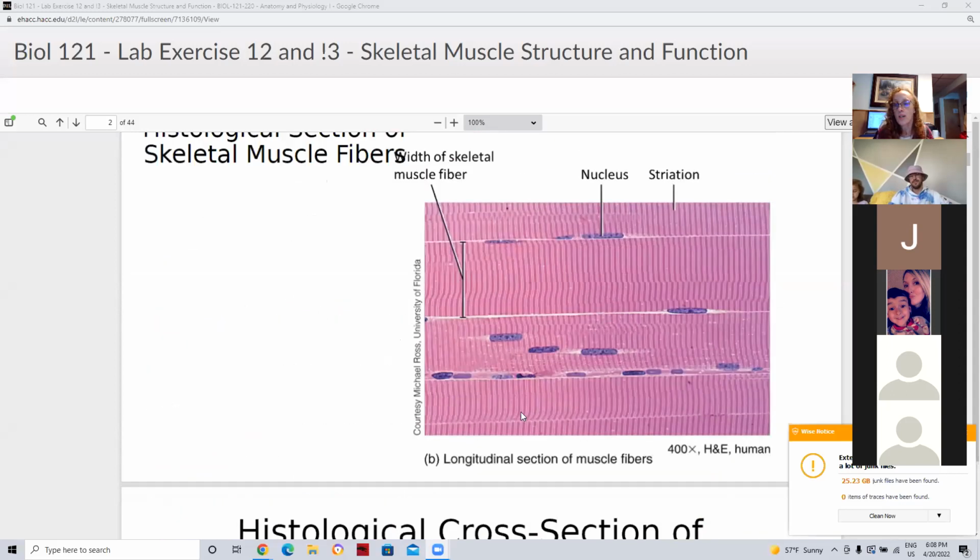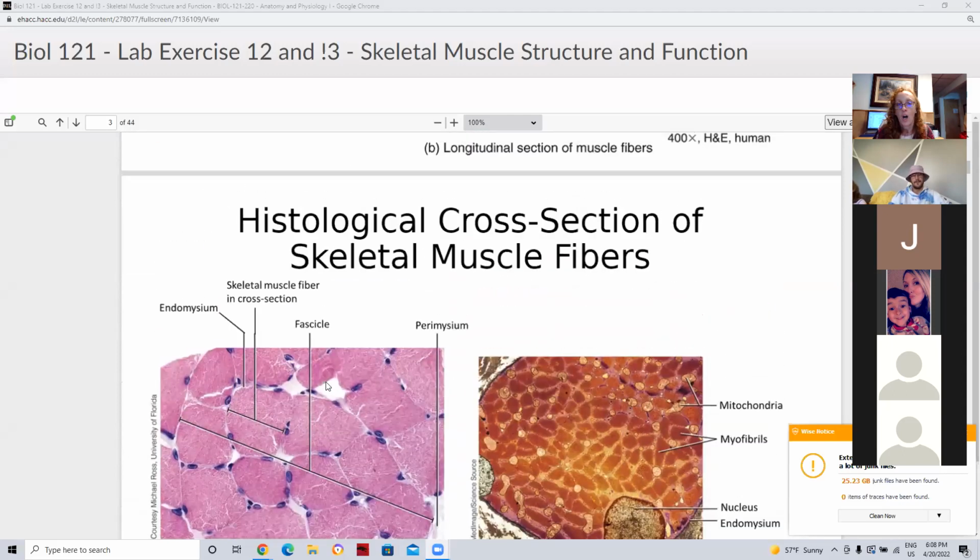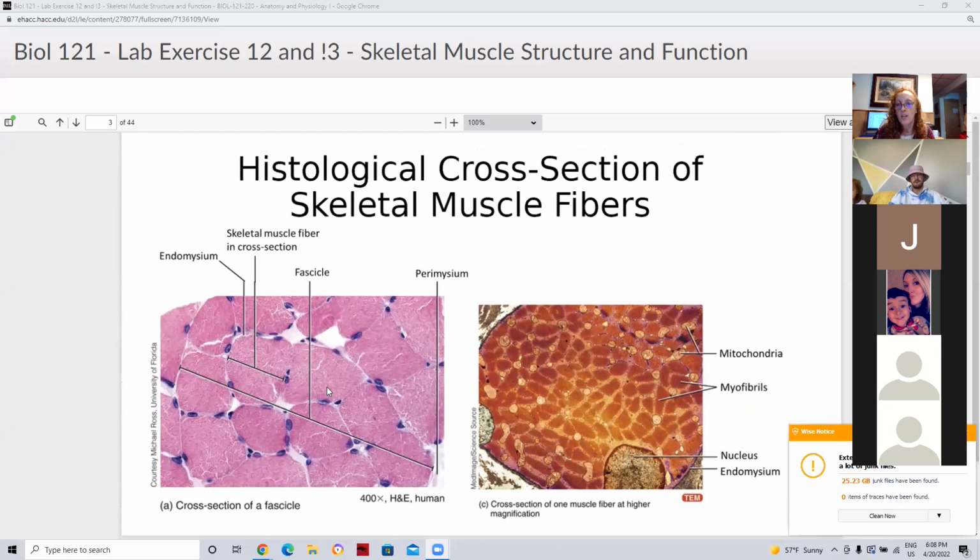The first one was a longitudinal section down the length of the fibers. These are looking at a horizontal section through the bundle, showing the fascicles. Remember that we're looking at essentially a bundle of fascicles.